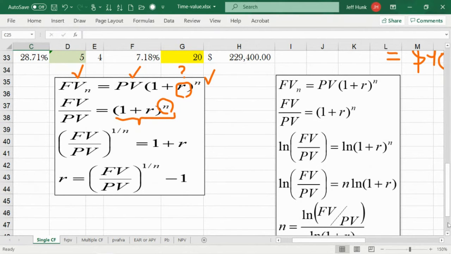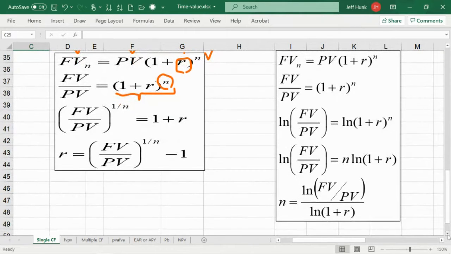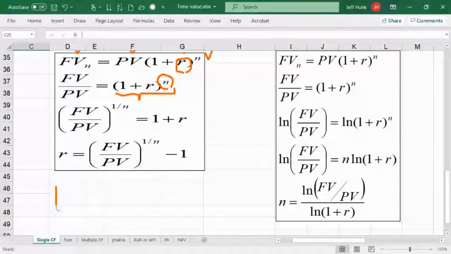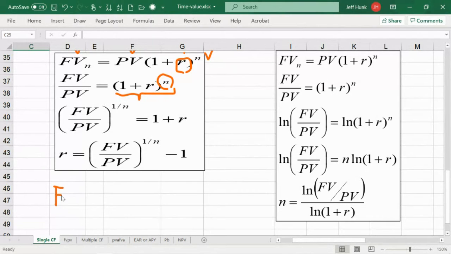Okay, so if n is 1, then this will be simple, right? It simply becomes 1 plus r if n is 1.